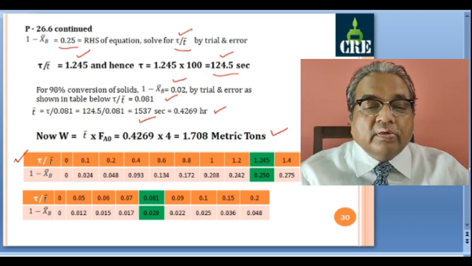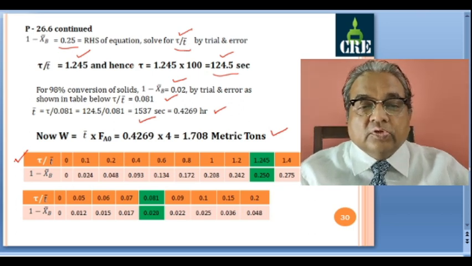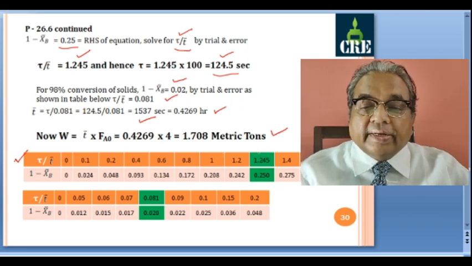Now here, I have taken the value of tau by T bar from 0 to 1 and above. Here T bar is 100, and tau will be definitely greater than T bar, so the value of tau by T bar may be greater than 1.